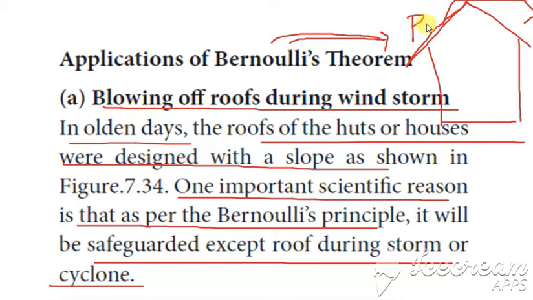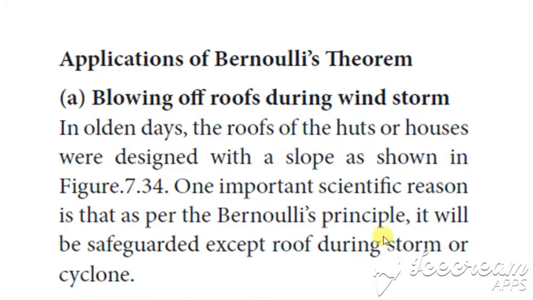Here we have the pressure P1 and here we have the pressure P2. We can always say that the pressure P2 is higher than the pressure P1. Since this pressure is higher, it makes this hut fly away. So this is being blown away with the help of the change in the pressure.